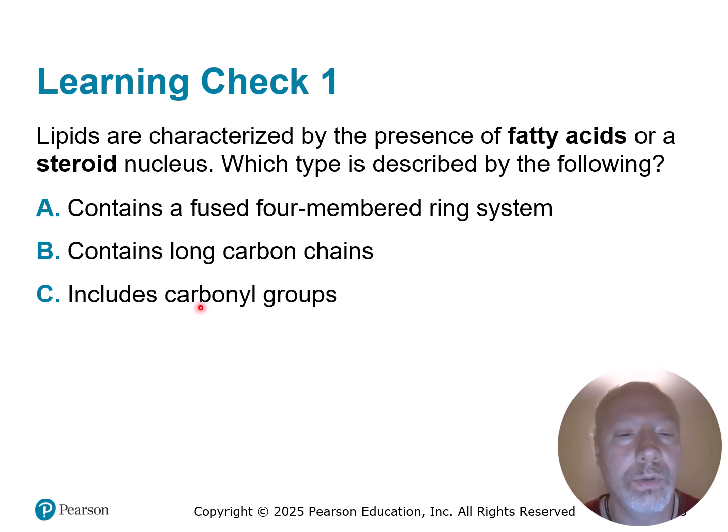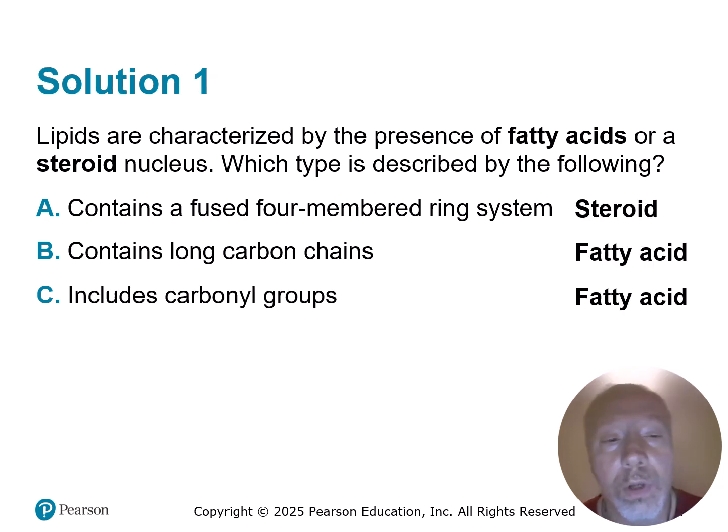If it includes carbonyl groups, that's probably a fatty acid, although some of the steroids may contain one or two, depending on how they're modified, but that's rare. So the first answer is steroid, second is fatty acid, and third is fatty acid. Those are some of the features to think about with lipids and the two classes, fatty acids and steroids. How can you determine which is which?